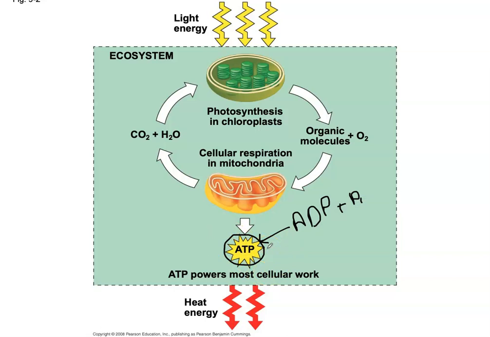It's stored energy, then your body uses it, and then it breaks down to make ADP plus Pi, and we talked about it where it can go further down to make AMP, and then that AMP can become cyclic AMP and act as a secondary messenger for amplification of signals within your system.